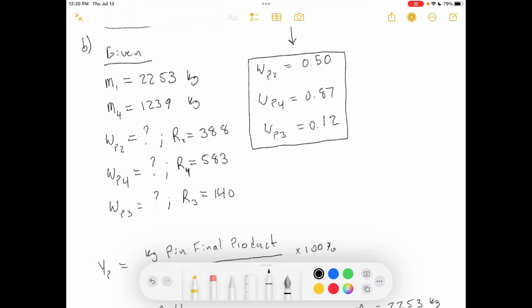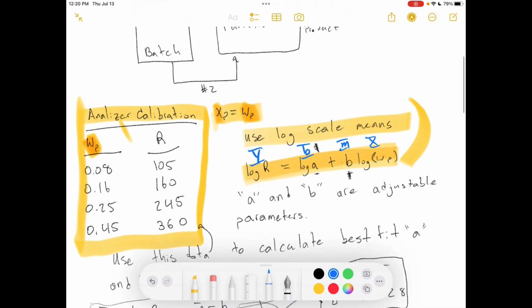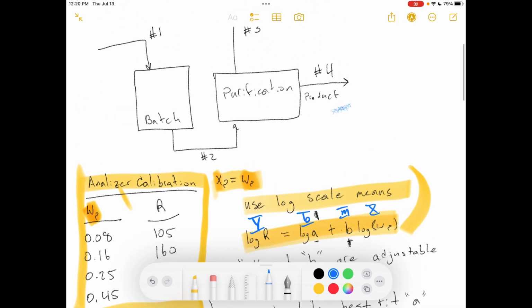Okay, so for part B, it says the data sheet for one run is shown below. So then they give us a bunch of data. This is our given data here. They give us the mass of the initial charge. They give us the mass of the product stream there, number 4.